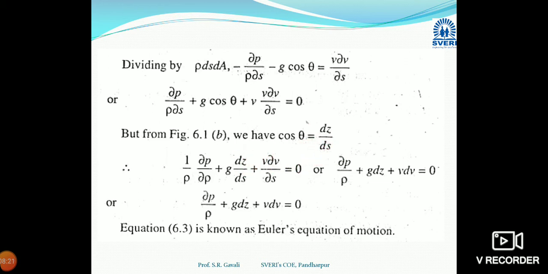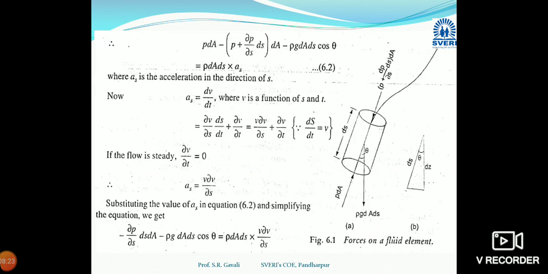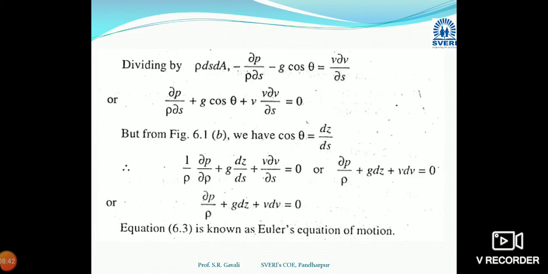If we go for the triangular element here in this case, then cos θ is equal to, this is going to be the perpendicular axis dz, and this is length ds, and in between them the angle is θ. Therefore cos θ is equal to dz by ds. So you can substitute dz/ds for cos θ.